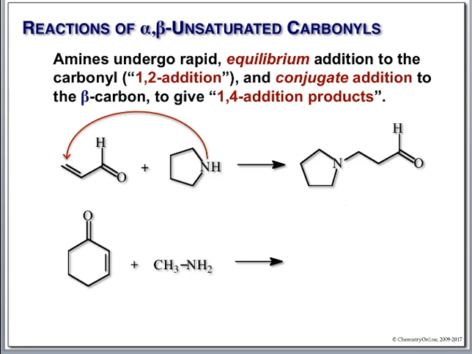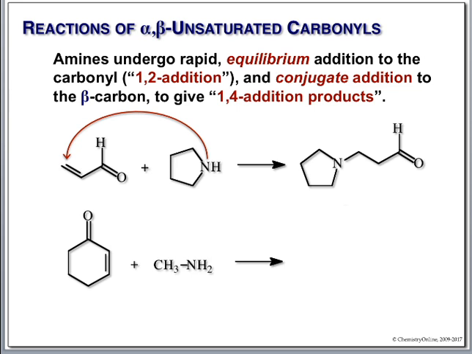Our final product, after we pick up a proton, we have the amine bonded to our beta carbon. So step one, we attack. Our double bond is initially here. That's an O-. Pick up the proton here. We're back to our carbonyl, except we've added our functional group.